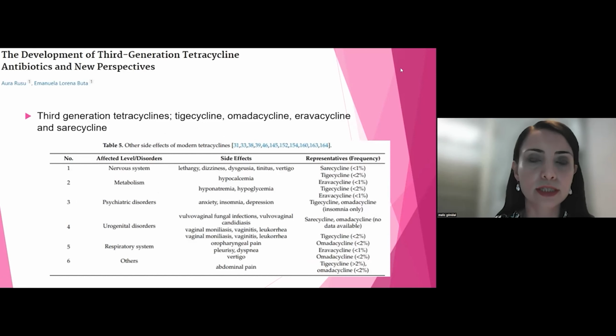In third generation tetracyclines, there are tigecycline, omadacycline, eravacycline, and sarecycline, but there are some adverse effects about nervous system, metabolism, psychiatric disorders, urogenital disorders, respiratory system, and others, especially abdominal pain.